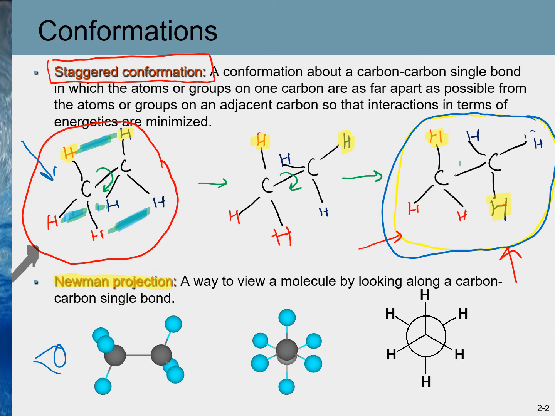So this is our eye. So when we look from this angle, we will look at this carbon. I'm going to call this carbon number 1, and the other carbon will be away from your eye, so I'm going to call that carbon number 2.